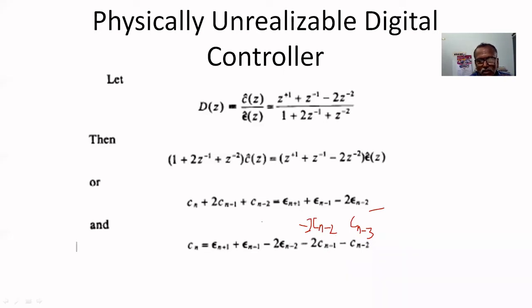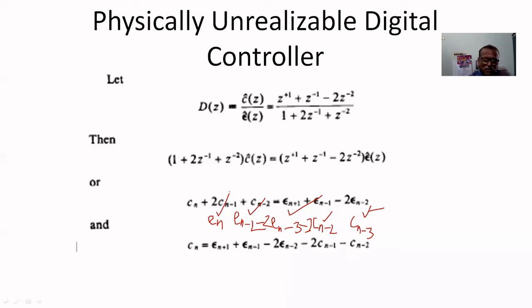These two are controller outputs, past controller outputs. E of n minus 3, this is also available. Then e of n minus 2, this is also available. This becomes e of n, yes, this is also available. So if you multiply every term by z power minus 1, it's available.